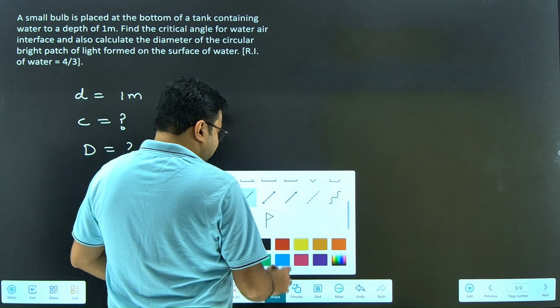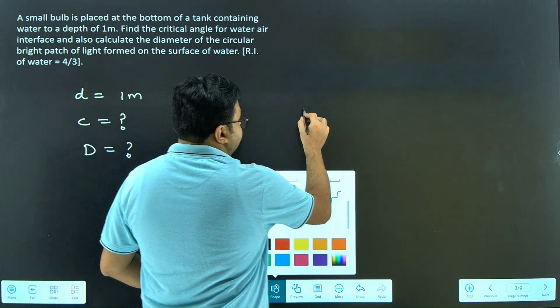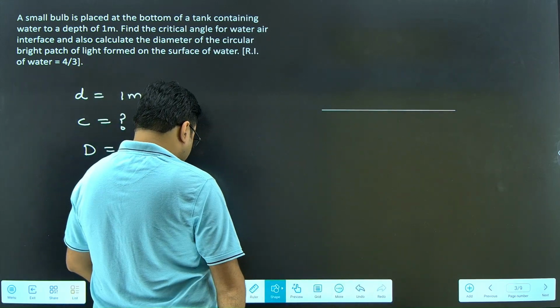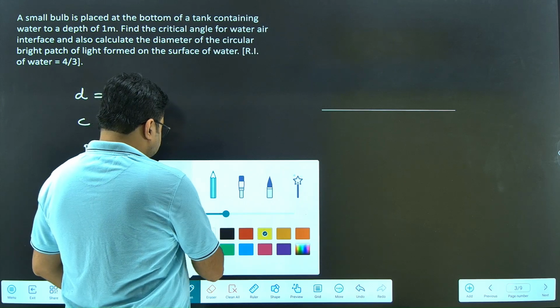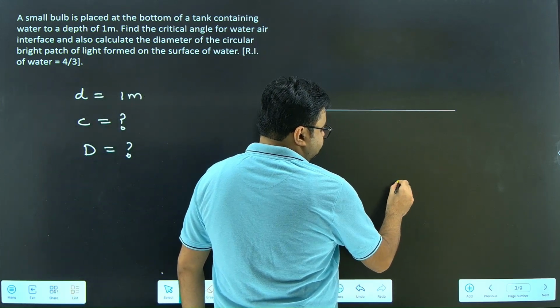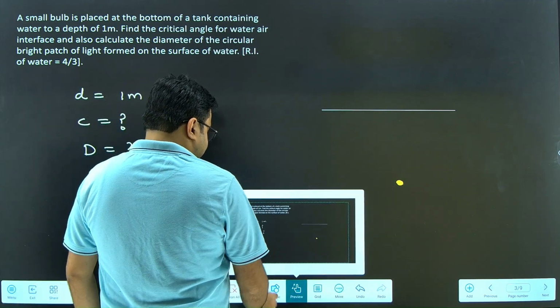Well, let's imagine that there is a water surface, right? So here is the water surface, and you have put a bulb there. Okay, that's a bulb.